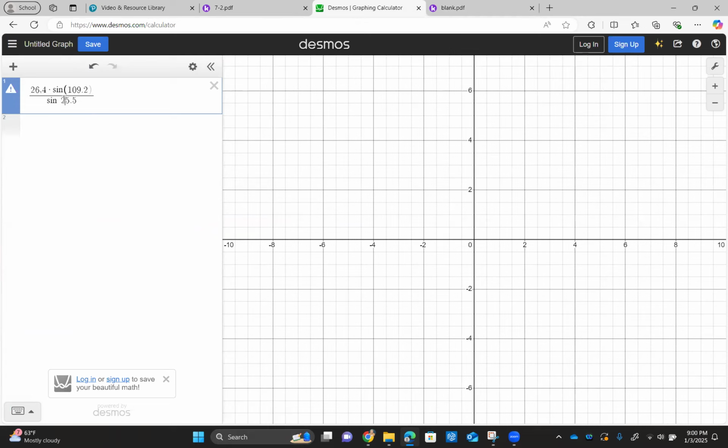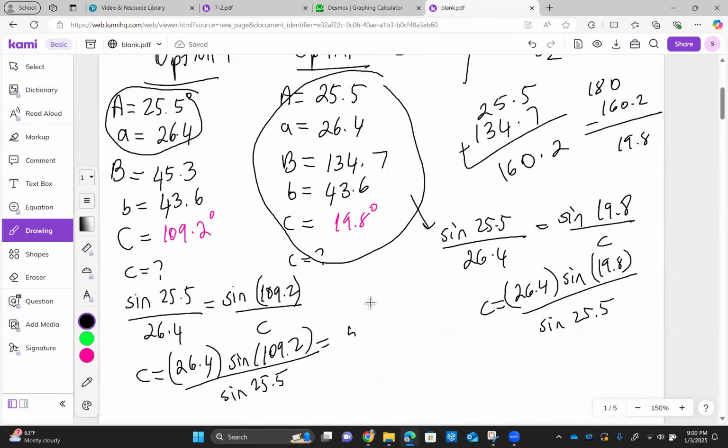Something is not right, so let's try to put this 25.5 in parentheses. And then this one, instead of a dot, I put a comma. Now it should work. So this one is giving me 57.9. 57.9 is the possible side value for C here.